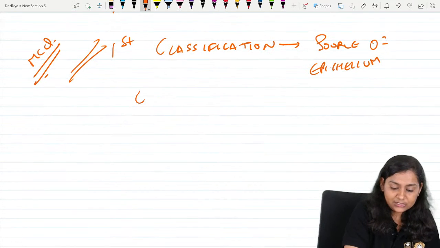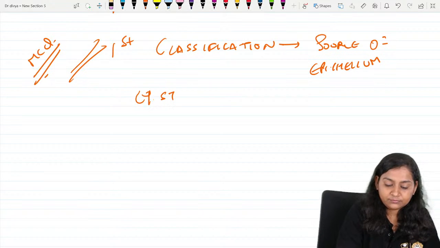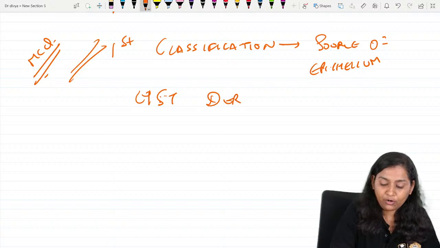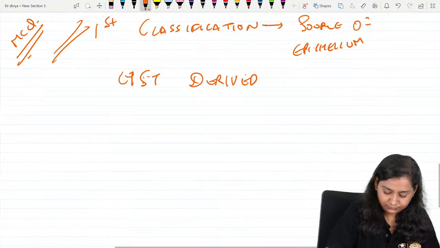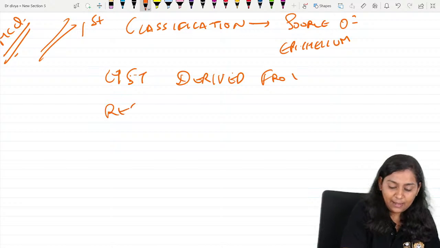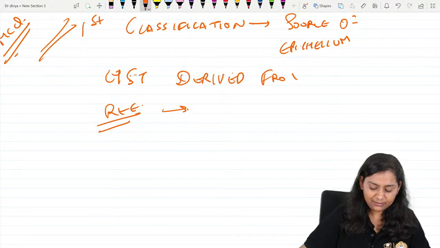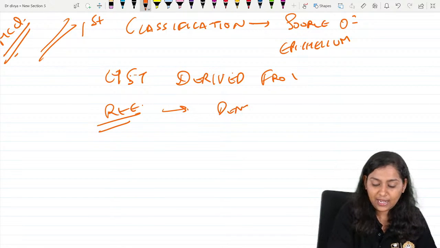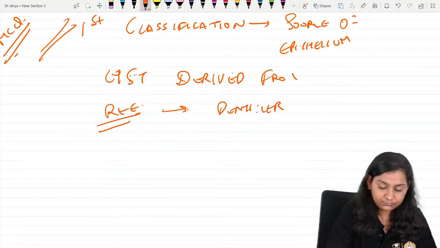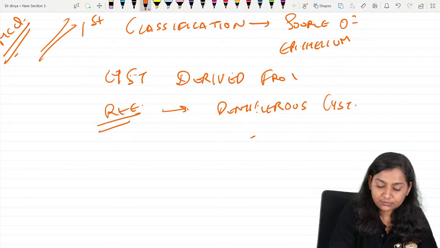So cysts derived from reduced enamel epithelium. Which cyst will derive from reduced enamel epithelium? It is dentigerous cyst and eruption cyst.